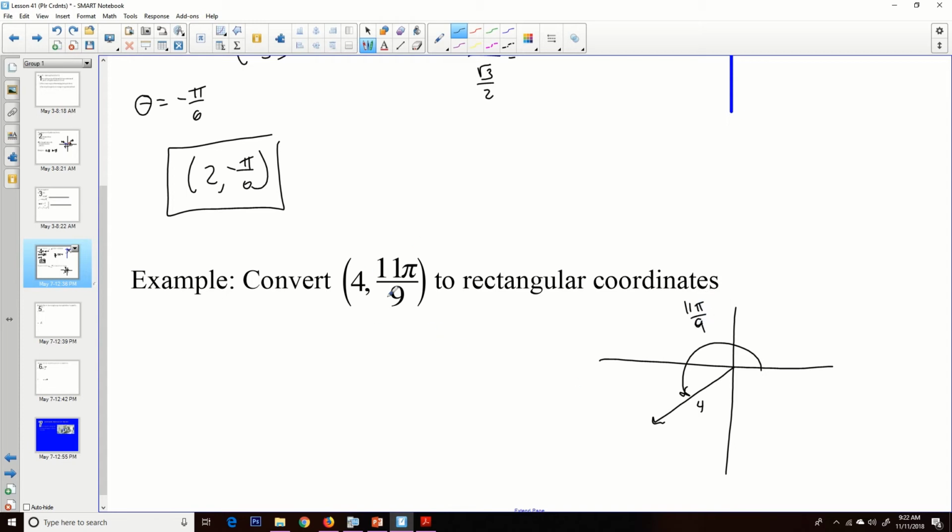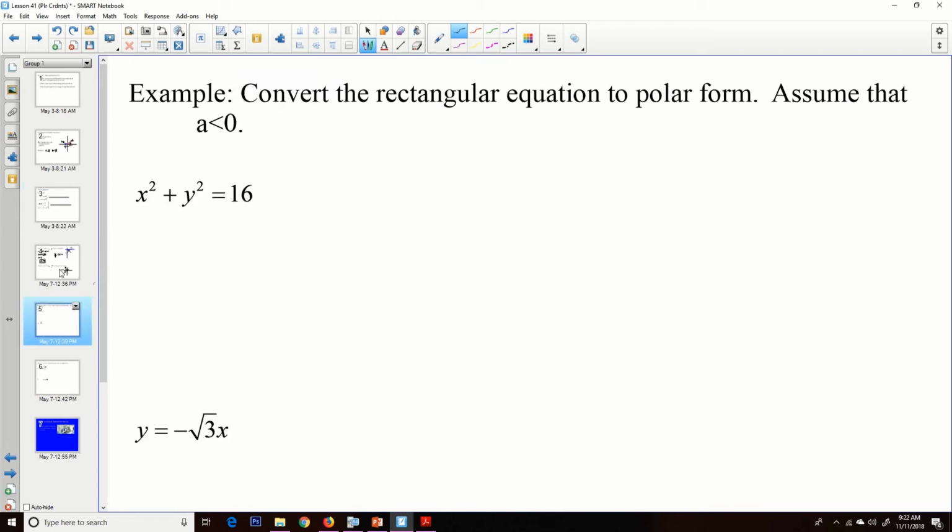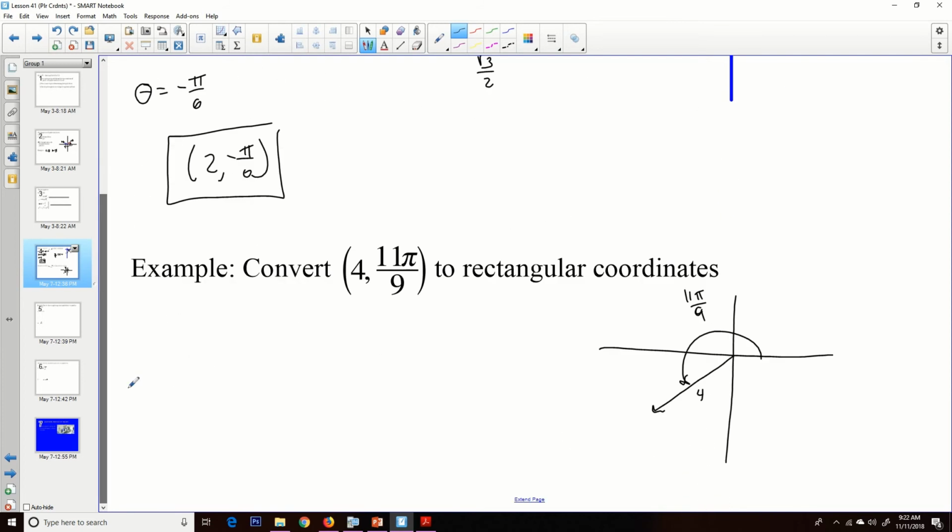That doesn't come out to be a real nice value on the unit circle, so we may end up with something a little different. But we do know what x and y are going to be. It's r cosine theta and r sine theta. So let's go back here.